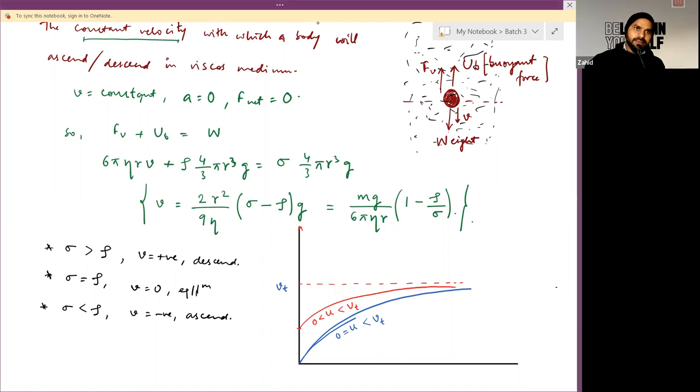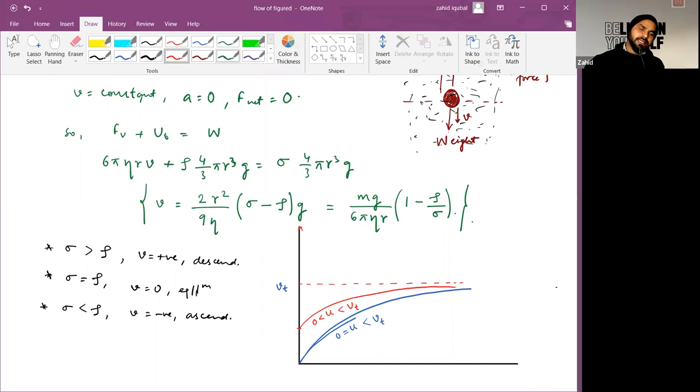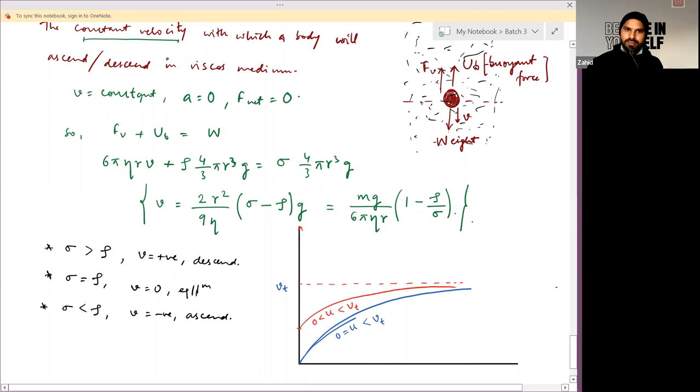In some other case, if it is projected at greater velocity than its terminal velocity, then its velocity may start decreasing to reach this level. So initial velocity is greater than terminal velocity. A body may attain terminal velocity in these three different conditions, and I'm defining this velocity versus time or versus height.